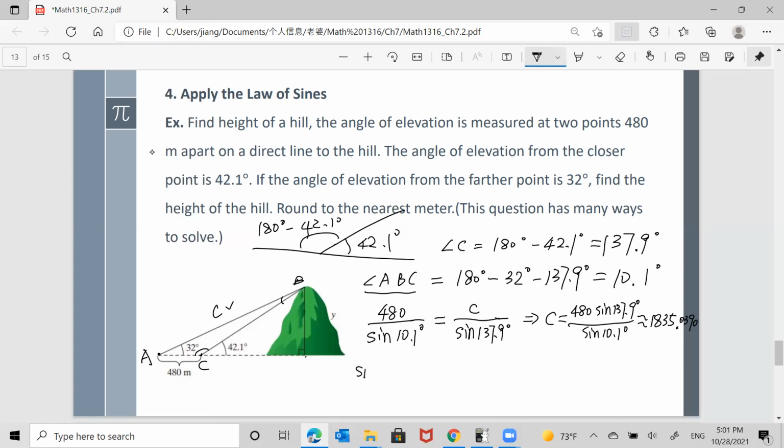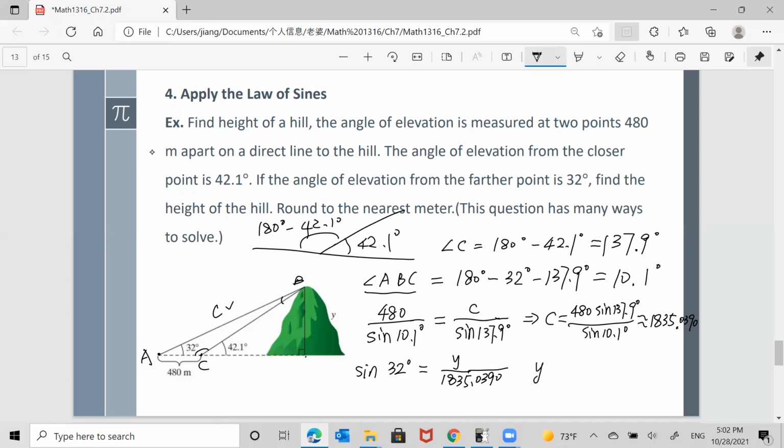So sine A is sine 32 degrees equals Y over C. C is 1835.0390. And then we can solve for Y.